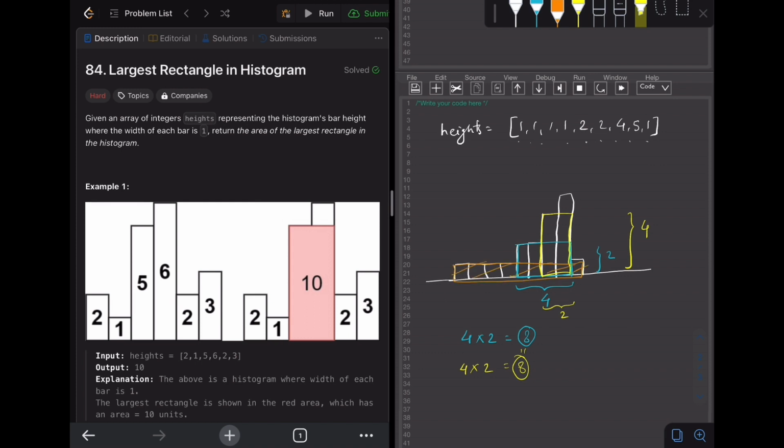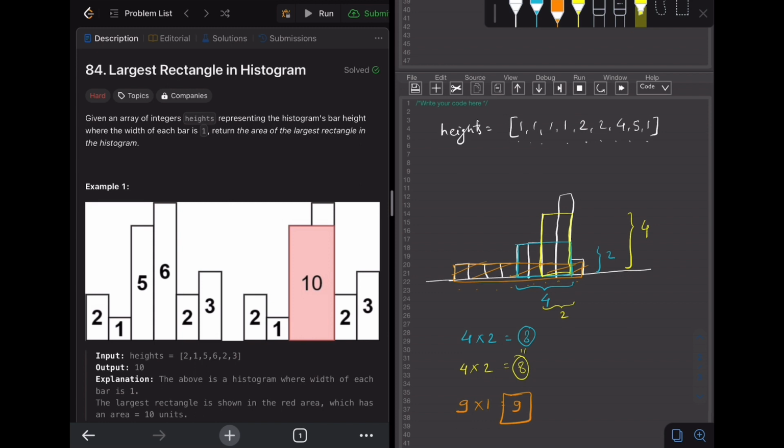What's the width? 1, 2, 3, 4, 5, 6, 7, 8, 9. So 9, and height is 1. 9 times 1. So in fact, it might not always be the largest bar or the largest height which gives you the largest area. Sometimes it can be the small ones down here. Okay, now this understanding will prevent you from going in the wrong direction while solving this problem.